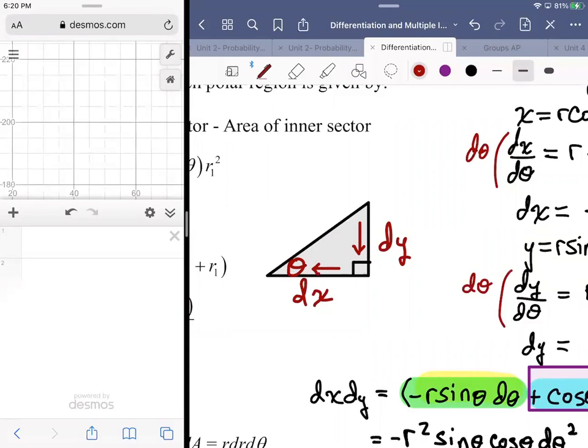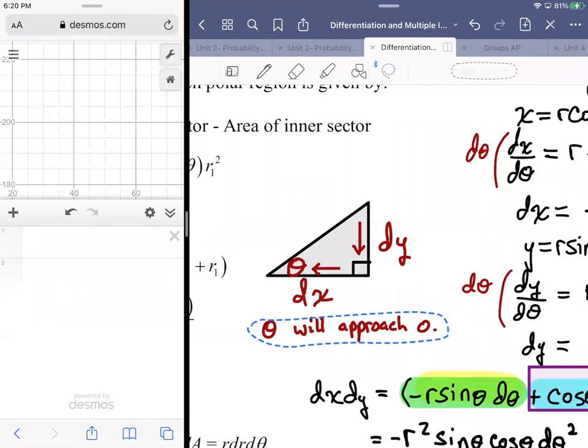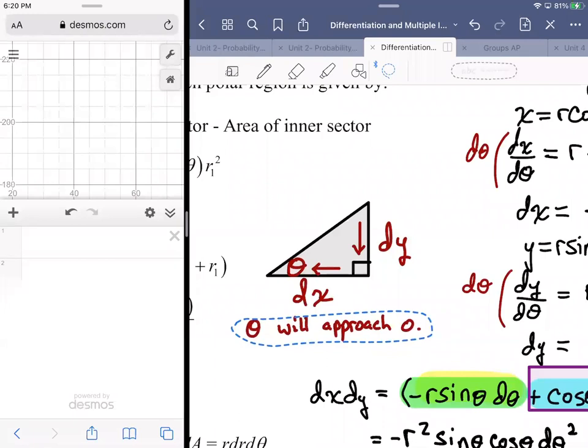Then what's naturally going to happen is that theta will approach 0. So that's a key ingredient there. If I want a minimum or an instantaneous measure as it applies to x and y, then the theta value would have to approach 0.